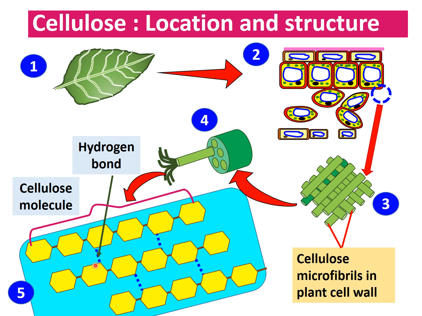This makes cellulose a tough and strong type of polysaccharide that is used to build the plant cell walls. So this gives the plant cell walls the tough and rigid characteristic that's important to give support to the plant cells and to maintain the shape of the plant cells.